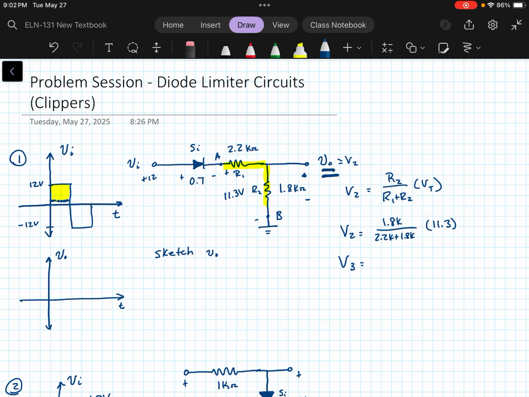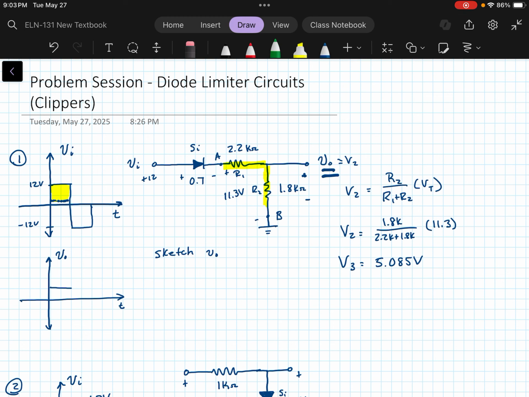So the portion of the voltage that we see dropped across that second resistor, R2, is about 5.085 volts. And that is actually where our output will be once we get over the 0.7. So that's going to be in this positive time.